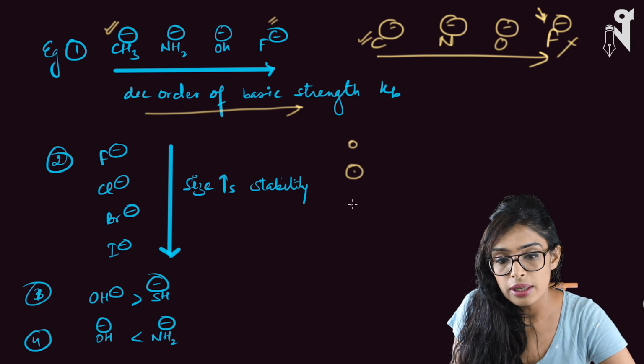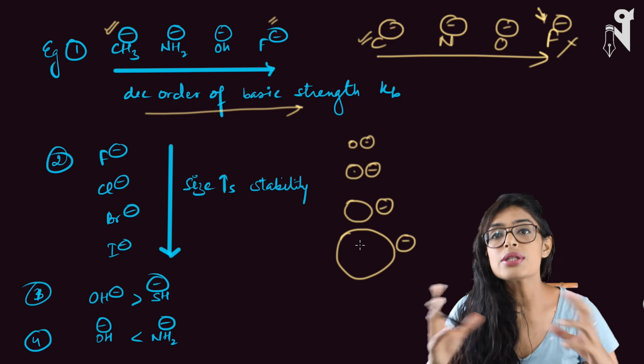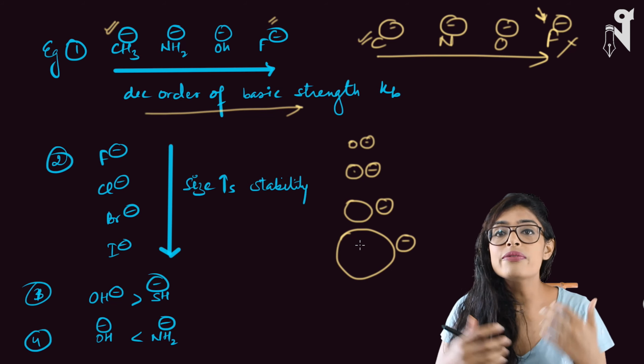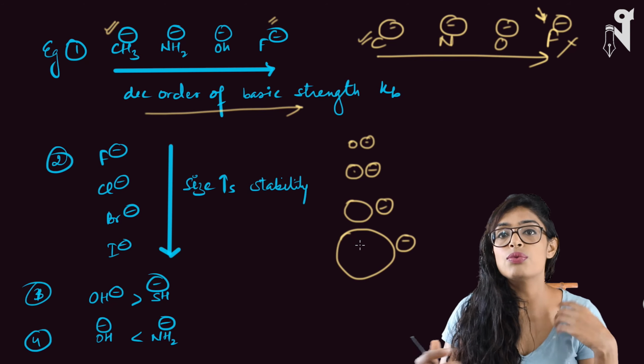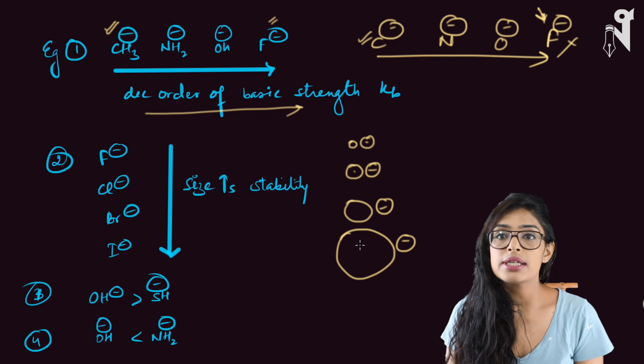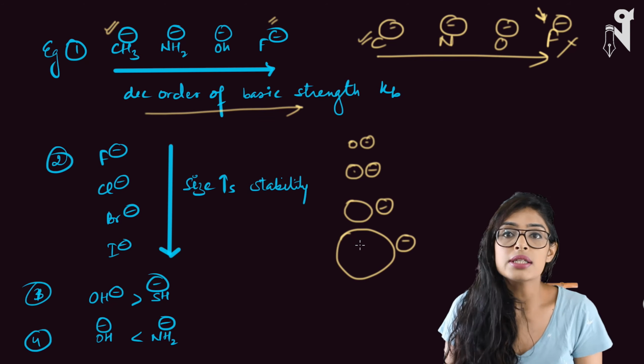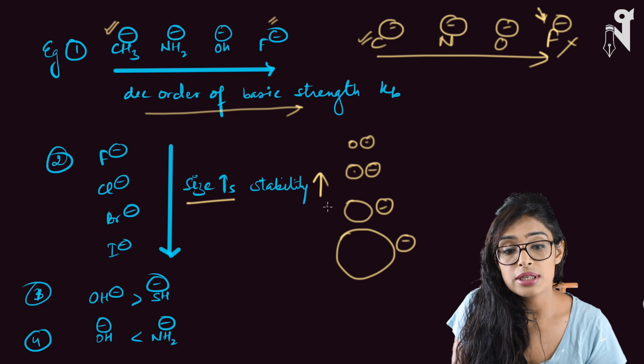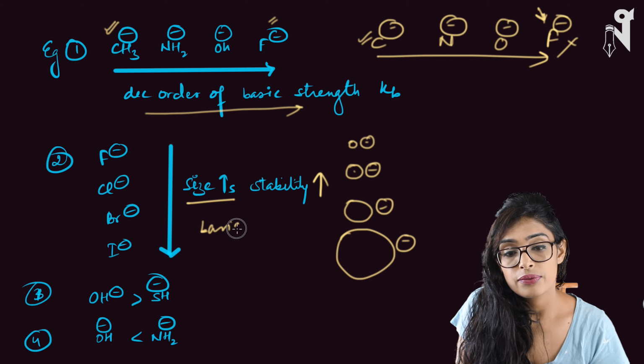If it is more stable, it would not like to give away its negative charge, because it is happy with its negative density. It is anyway stable because the repulsions are minimum, so it would not be very enthusiastic towards taking H plus or giving its electron density, hence it will act as a weaker base. So when we are going top to down, size is increasing, stability is increasing, and hence basic strength is decreasing.